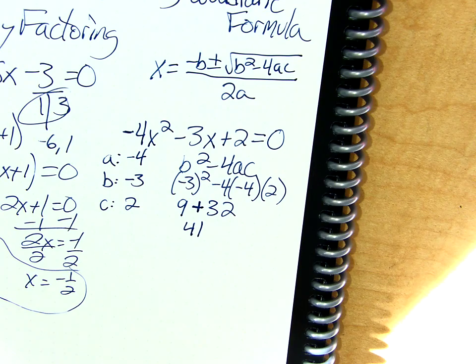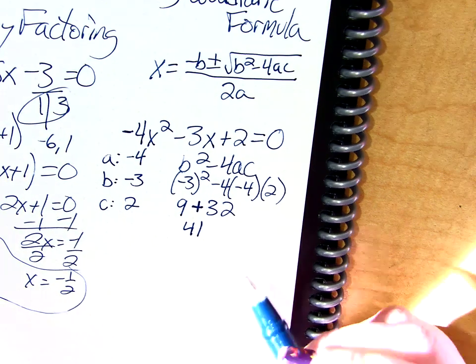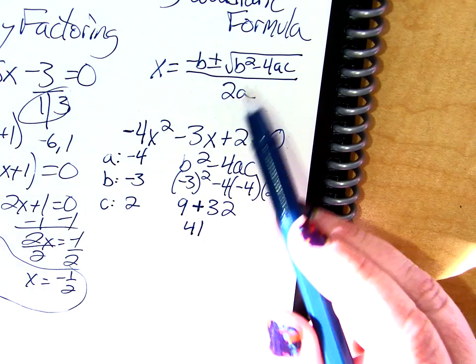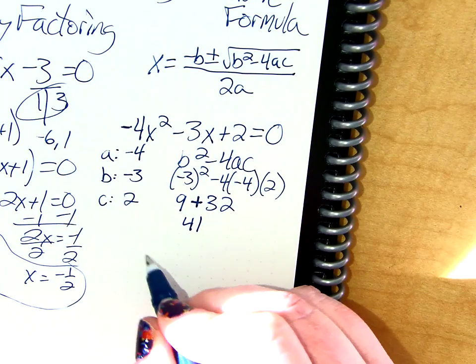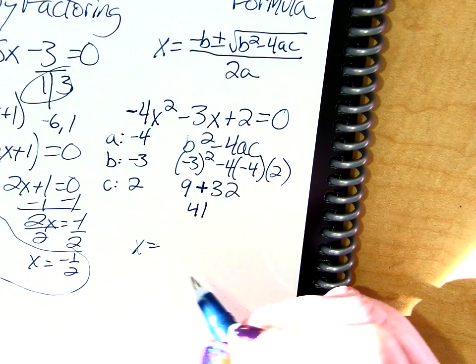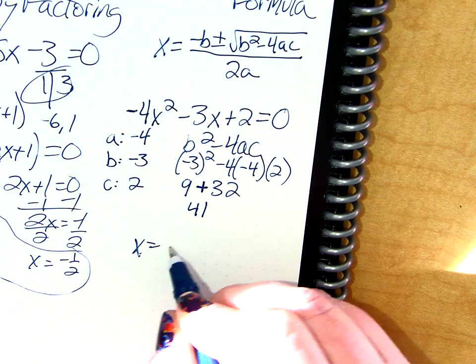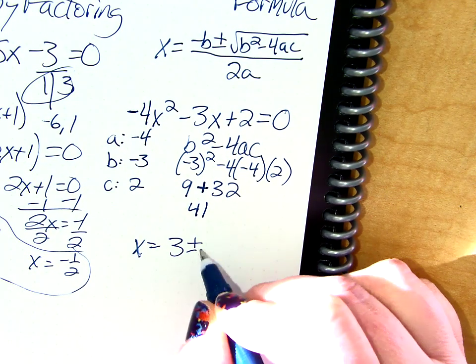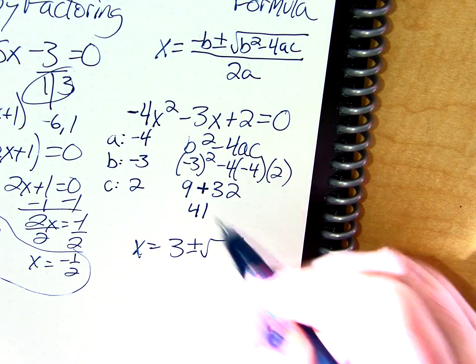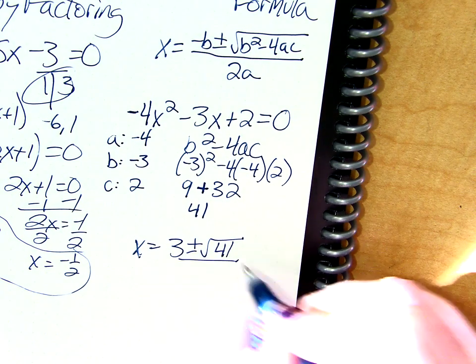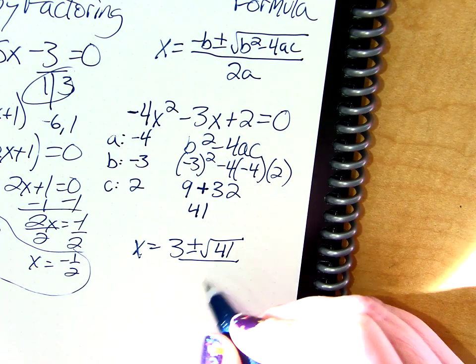So I am going to have two solutions. I just now need to find them, okay? So if I pop this back up into the quadratic formula, x equals -b, which is now a +3, plus or minus the square root of, I already did that, it's 41, all over 2 times a, which would be -8.